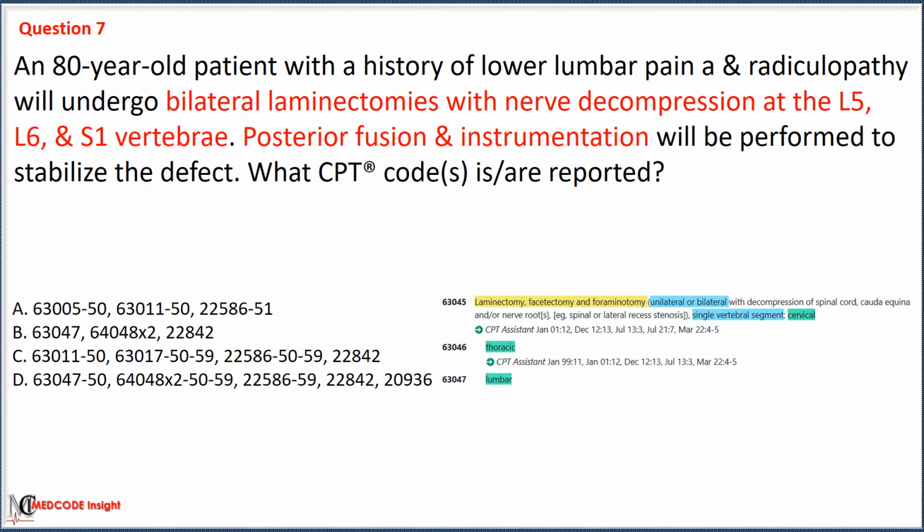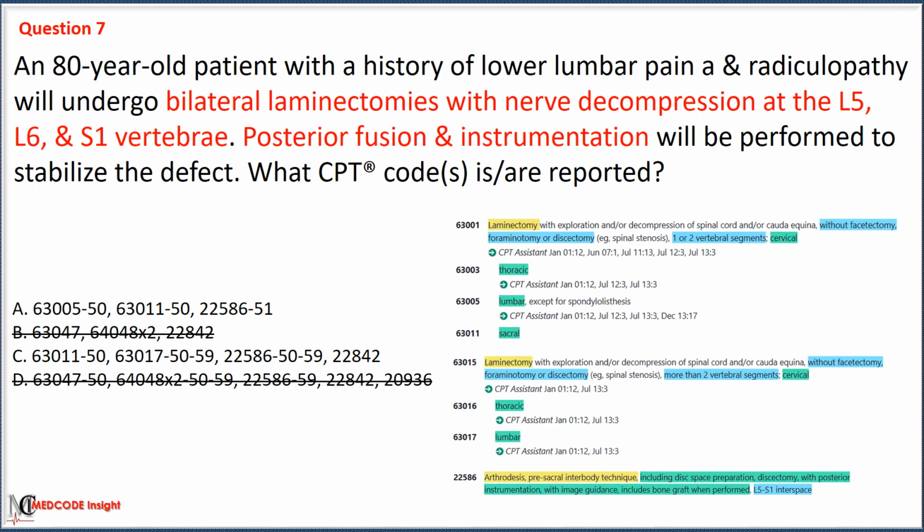In this scenario, bilateral laminectomy with nerve decompression is performed at the L5, L6, and S1 vertebral segments. As in this scenario, laminectomy is performed without facetectomy, we first eliminate options B and D with code 63047, used for laminectomy when performed in conjunction with facetectomy.